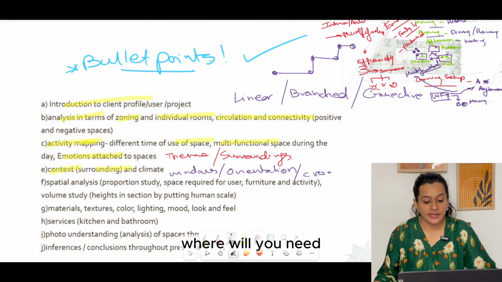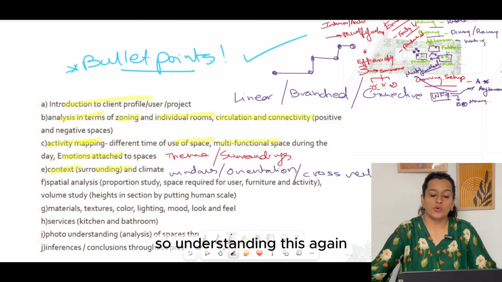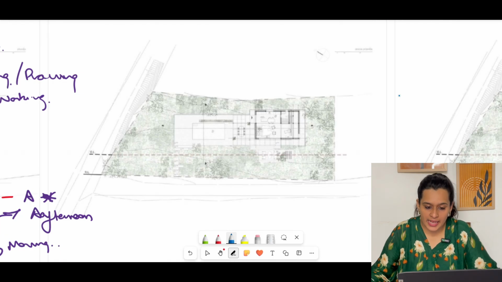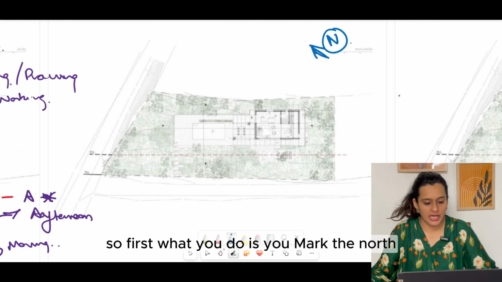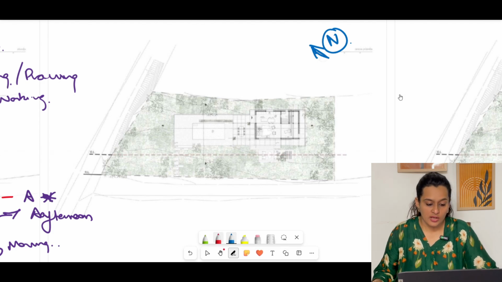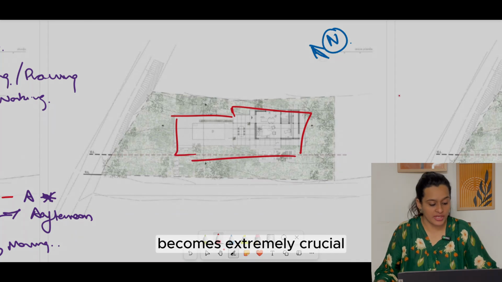Where will you need cross ventilation also comes into aspect. So to understand this, you again go to the plan. In this aspect, the north becomes extremely crucial. So first what you do is you mark the north, understand where it is facing and how you have placed your structure. So why the structure is placed in this way becomes extremely crucial.